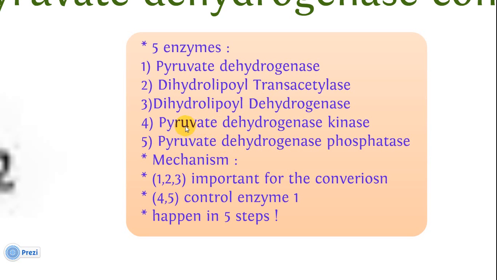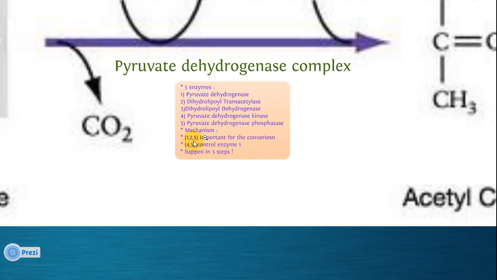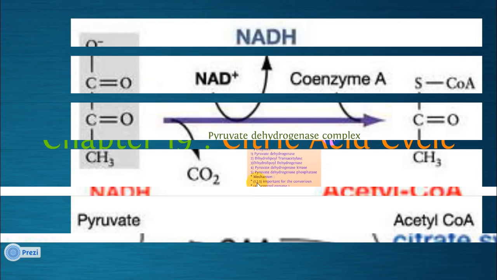Those 2 enzymes will activate and deactivate the first enzyme. So you can say the mechanism in a very simple way: the first 3 enzymes in this complex do the conversion function, each with a special function, but the 4th and 5th enzymes control the first enzyme. And this conversion reaction happens in 5 steps.